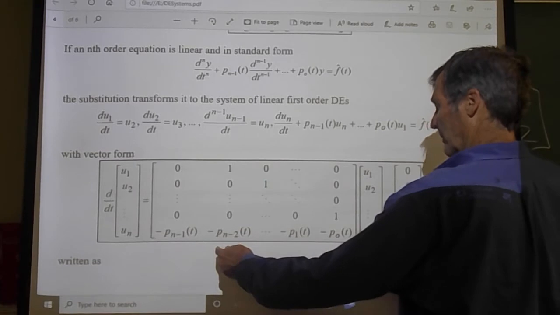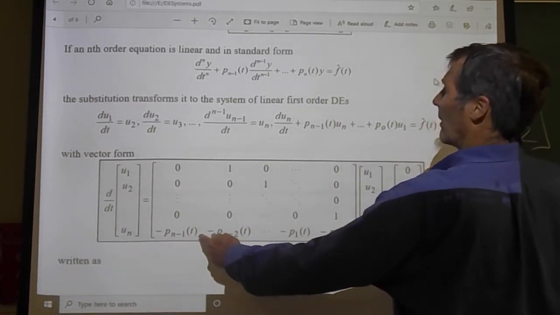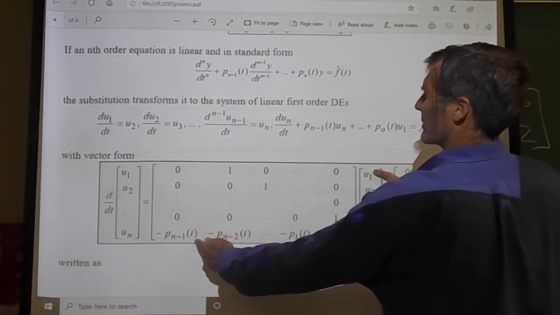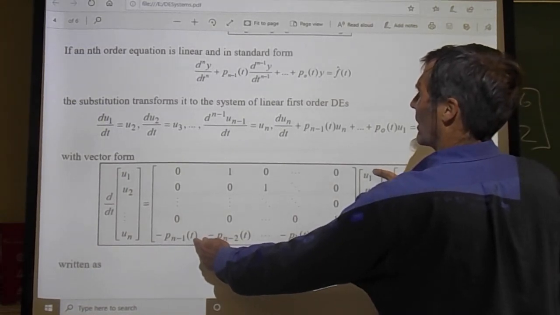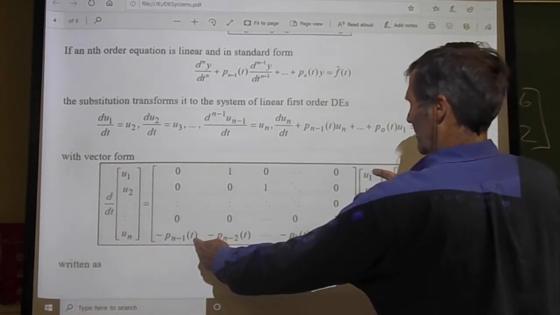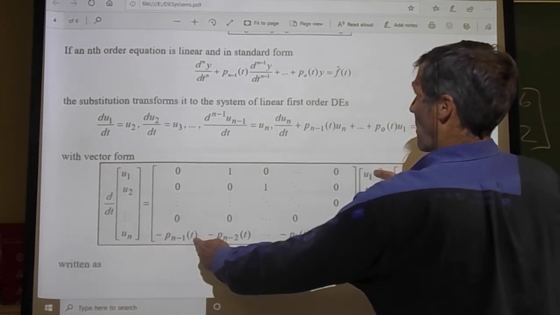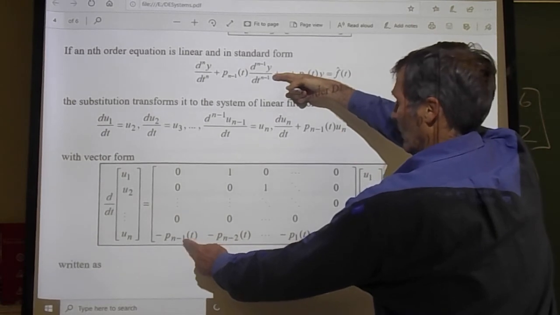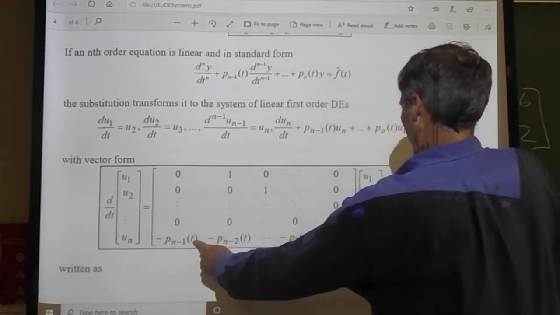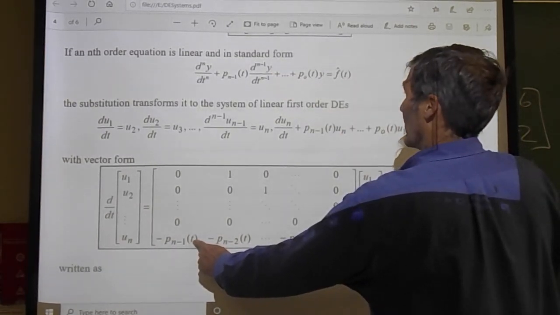Let's see. And so you got, oh, I wrote these coefficients in reverse, did I? Let's see. This should multiply the (n-1)st derivative here, which is un.